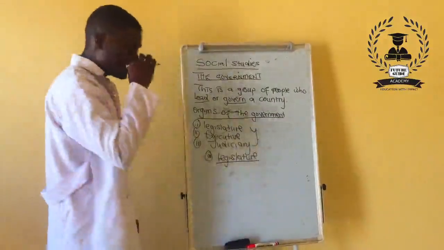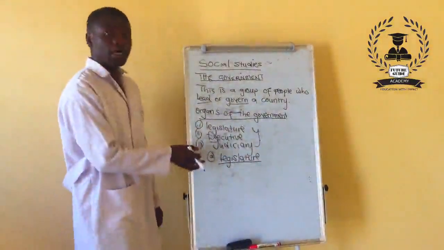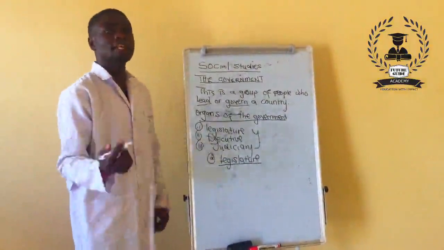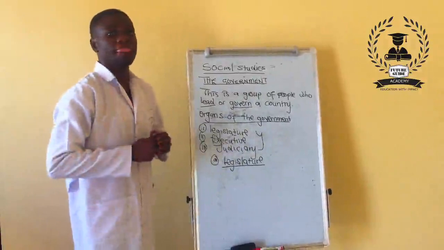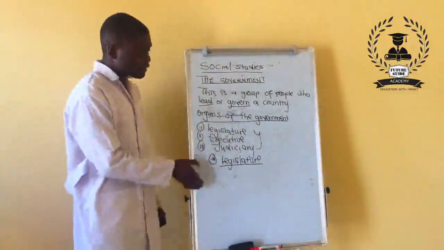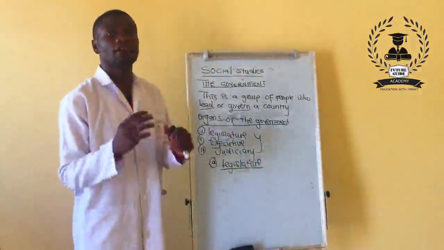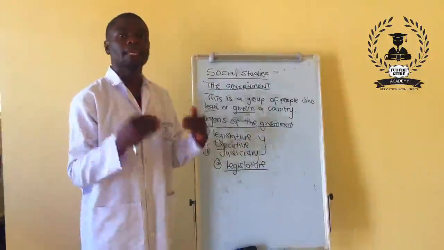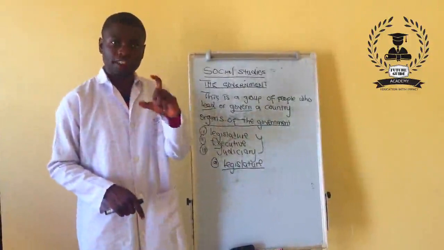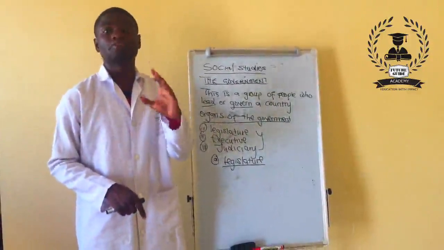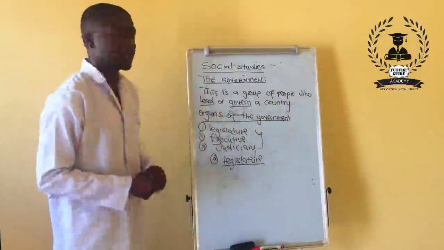Now, under this, the legislature, others call it the National Assembly, others will also say Parliament. The legislature is the part or the organ of government that makes laws of the country. So the main duty or function of the legislature is to make what? Laws of the country.